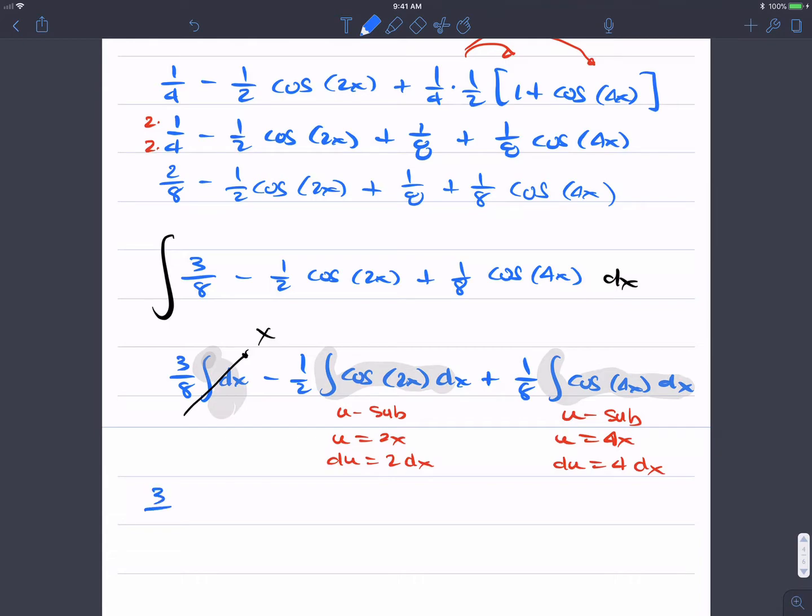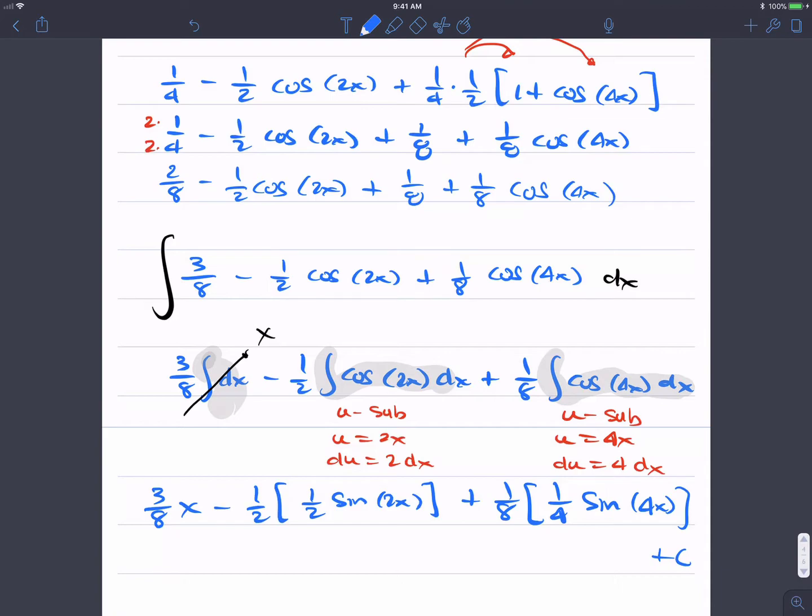We're going to have 3/8 x here minus 1/2. Now don't forget what happens here. By u sub, this integral here of cosine 2x is going to become 1/2 sine 2x. Plus 1/8 here, and this integral becomes 1/4 sine 4x.